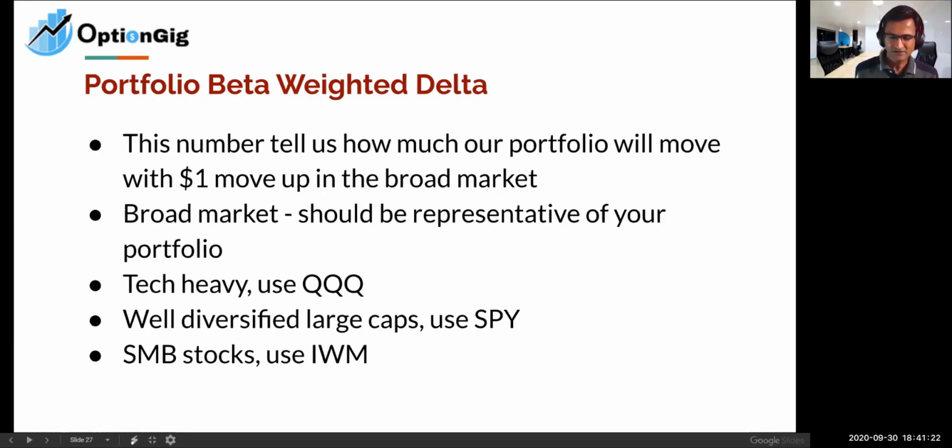Whether those are stocks, options, options in current expiration, future expirations, short options, long options, calls, puts, combinations. At the end of the day, all of them have a very specific delta value, and the ticker has got a beta value. So mathematically, it's not a big deal for any formula to calculate the portfolio beta-weighted delta.